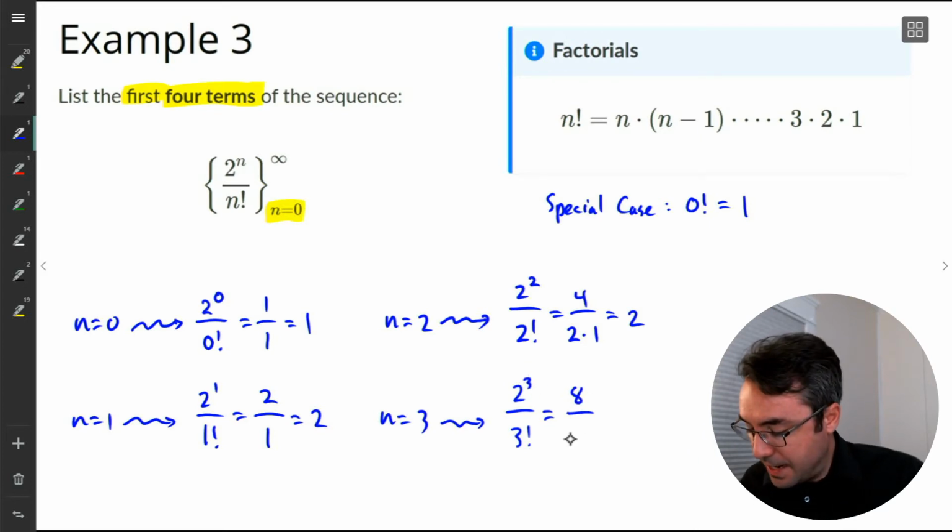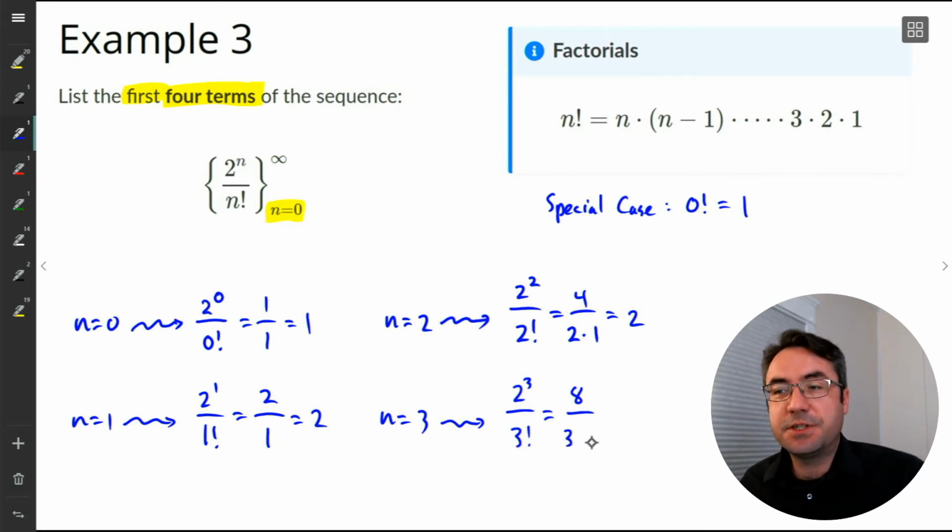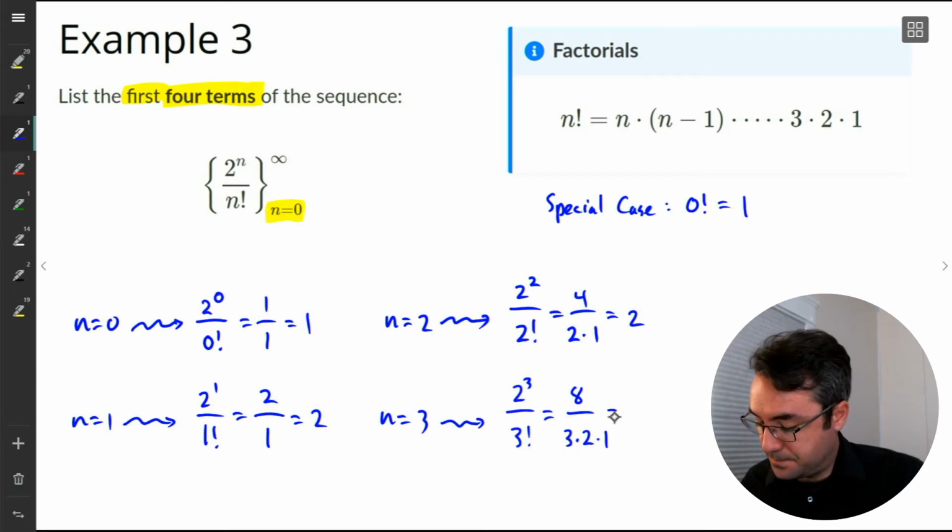And then what is our denominator? Well, we're going to start with 3. And then we're just going to start multiplying integers until we get down to 1. So it'll be times 2 times 1. So that's 3 factorial. And what is that? It's 6. And so this ends up simplifying to just 4 over 3.